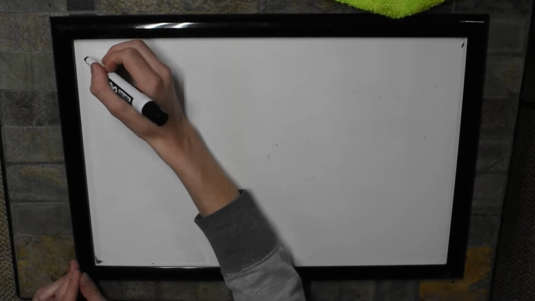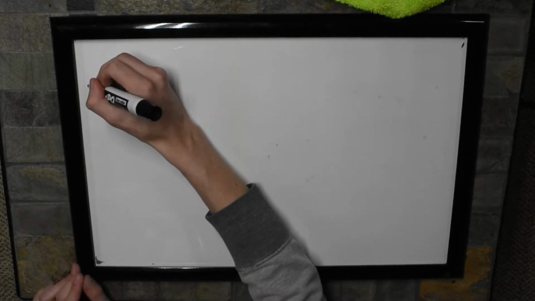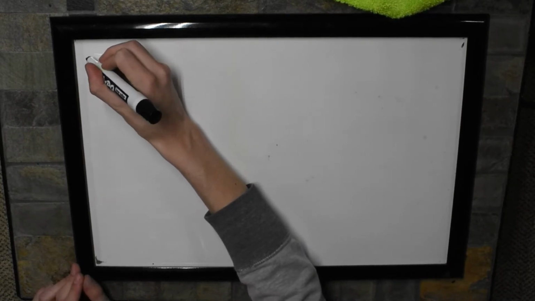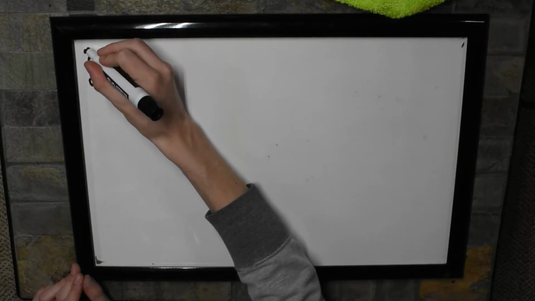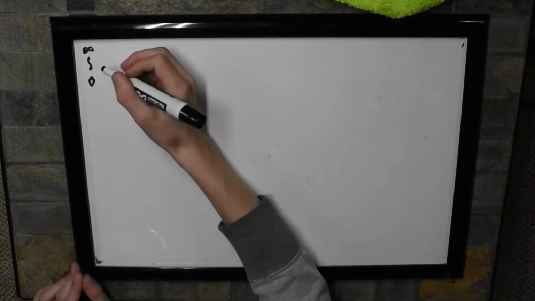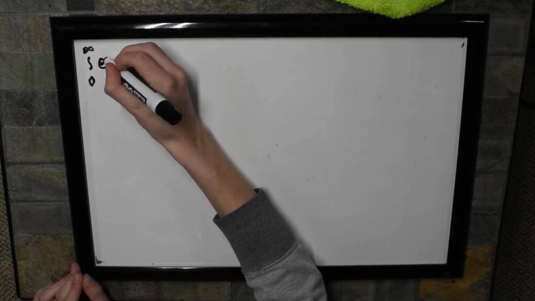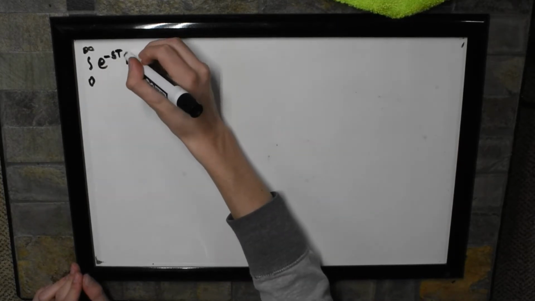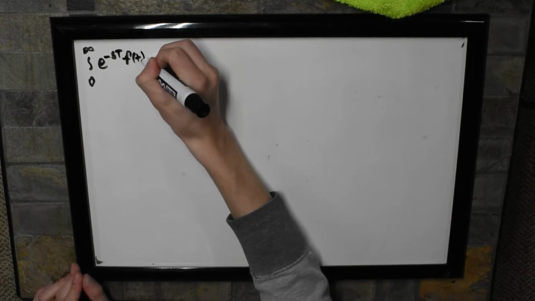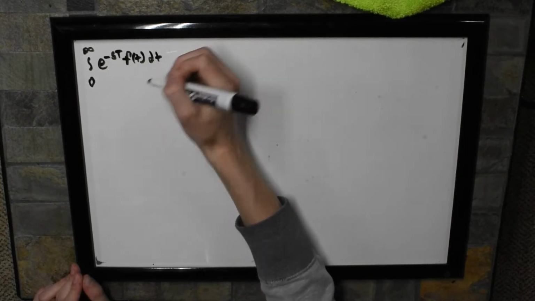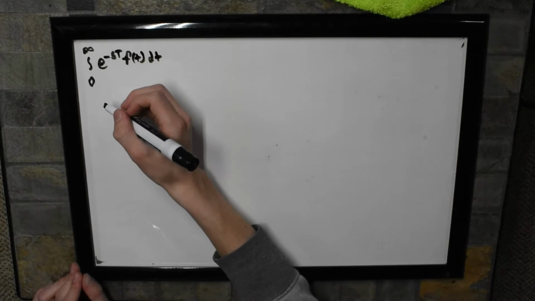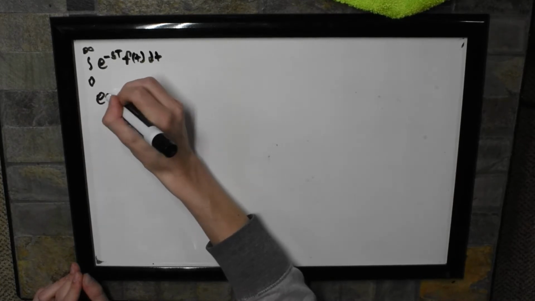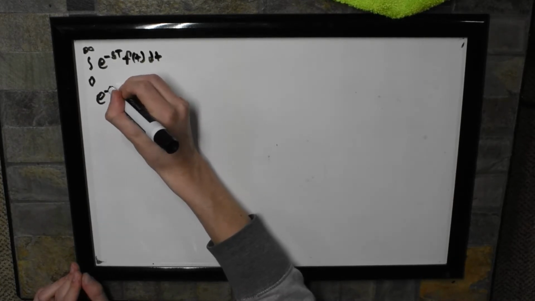So the Laplace transform definition is essentially saying you take the integral from 0 to infinity of e to the negative st f of t dt. Alright, so in our example here, we're going to have e to the negative t sine 2t.